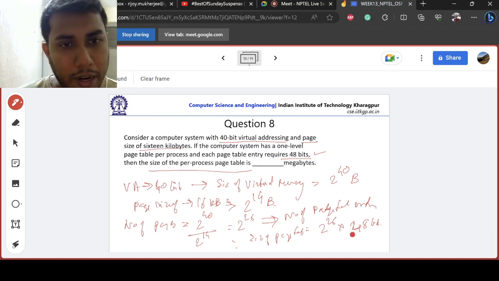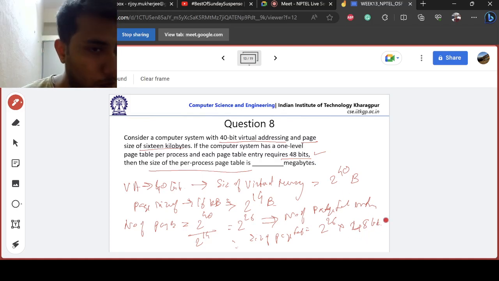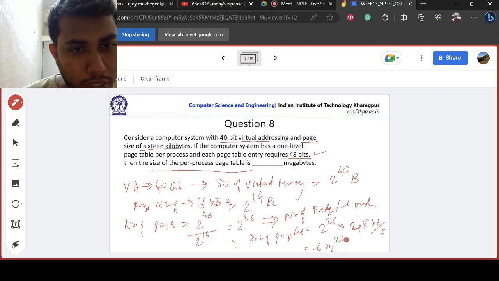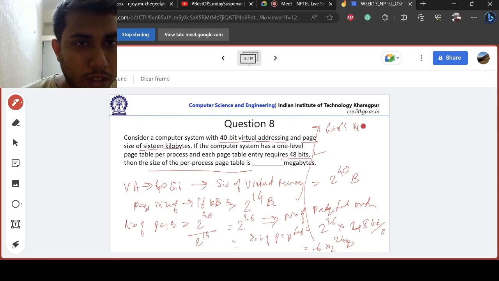Now if it is in bits and we want it in bytes, it will be divided by 8, so it will come down to 6 into 2 to the power of 26 bytes. If we calculate it in MB, it will be 2 to the power of 20 for MB, so 6 into 64 MB, so that will be 384 MB. So that is your page table size, 384.